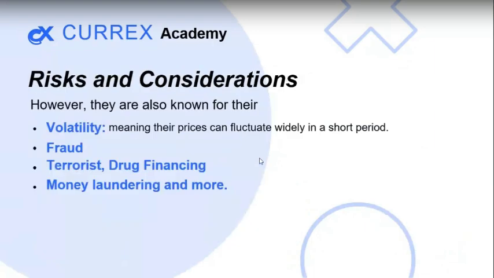But if you are going into cryptocurrency, you should know that there are risks and considerations. And these risks you should know. Number one is volatility, meaning that crypto asset prices can fluctuate widely within a short period of time.